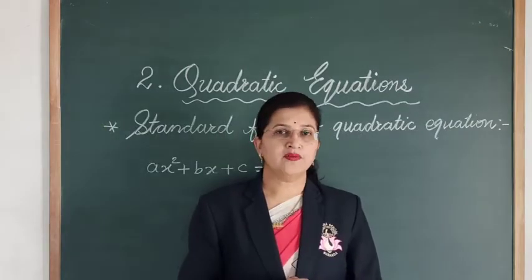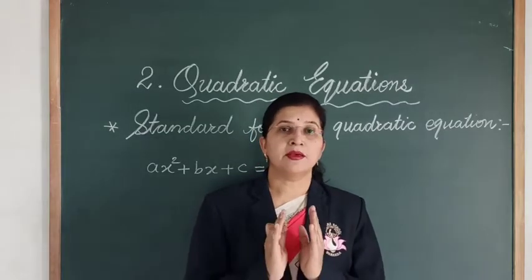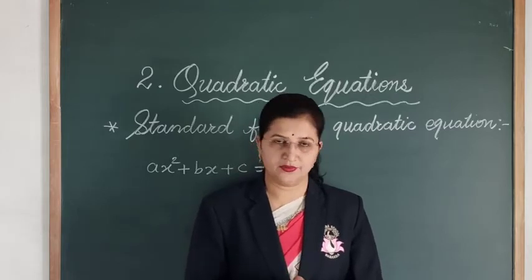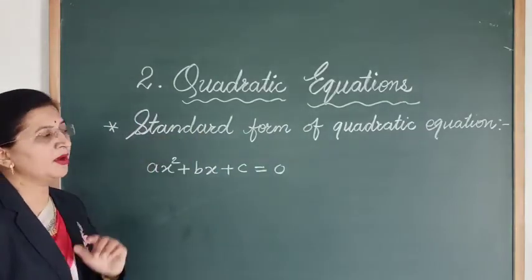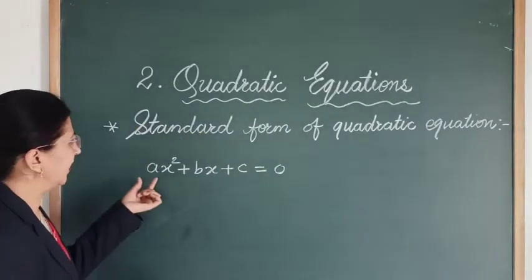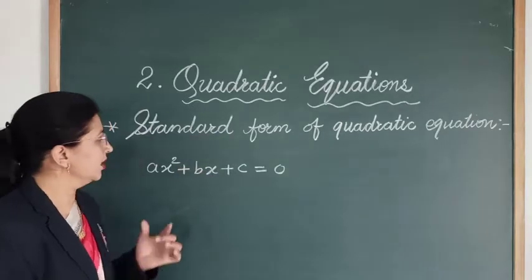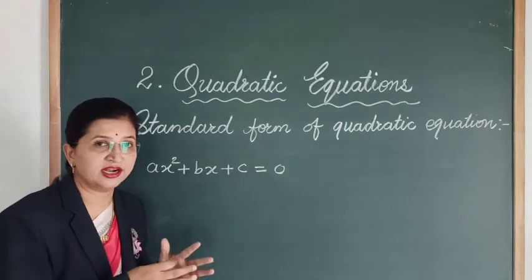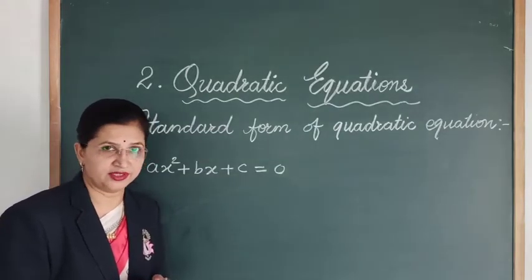The equation involving one variable and having 2 as the maximum index of the variable is called a quadratic equation. Dear students, here the standard form of the quadratic equation is ax square plus bx plus c is equal to 0. Okay. So here ax square plus bx plus c is equal to 0. It is called the standard form, or we can also call it the general form of the quadratic equations.